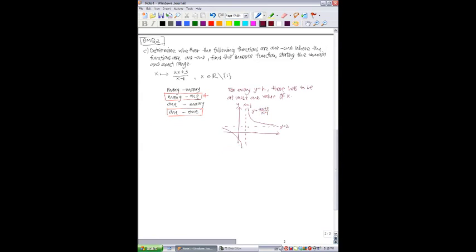And therefore, by the horizontal line test, this is 1-to-1.